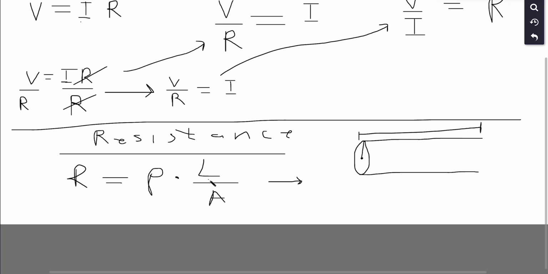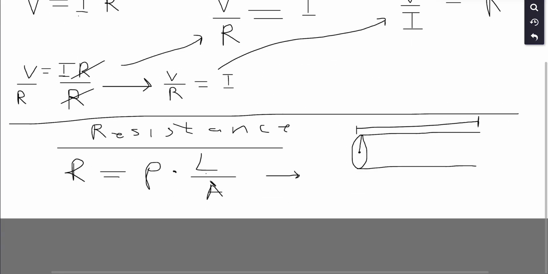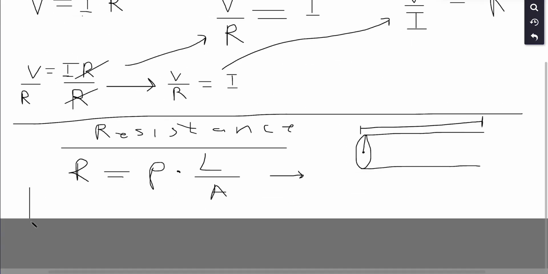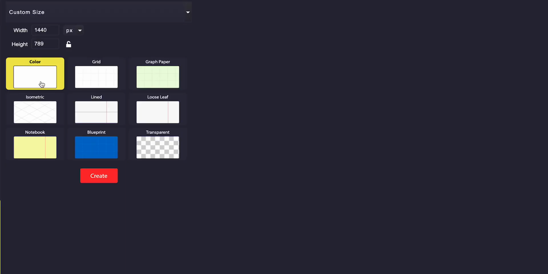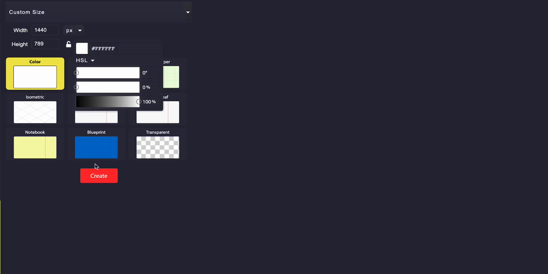And then in addition to this, let me see how we can move this down a bit. Let's get a new page. Okay. So in addition to this, there's also parallel circuits. We can also talk about parallel circuits.